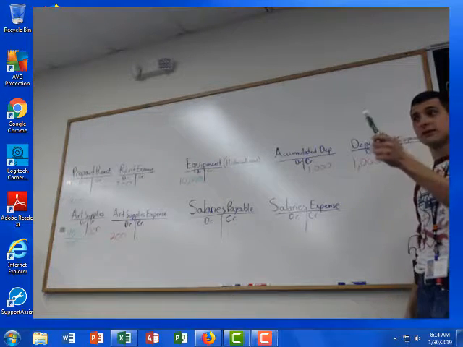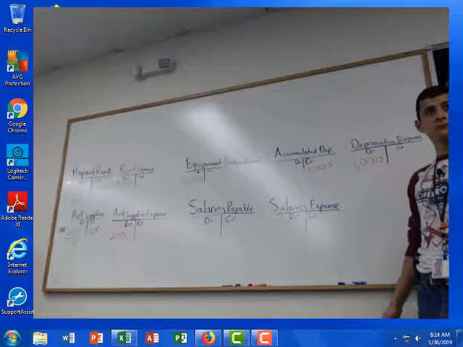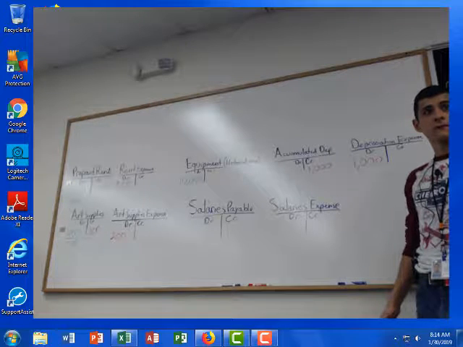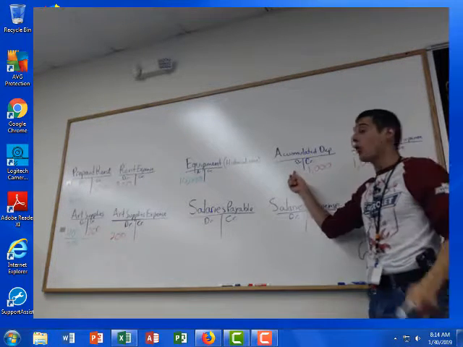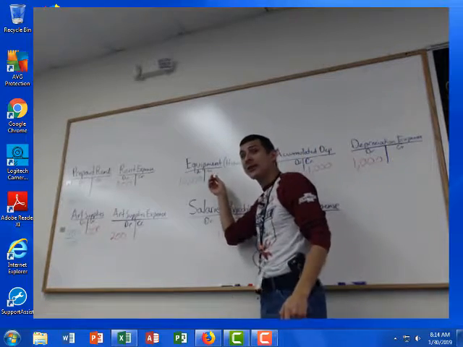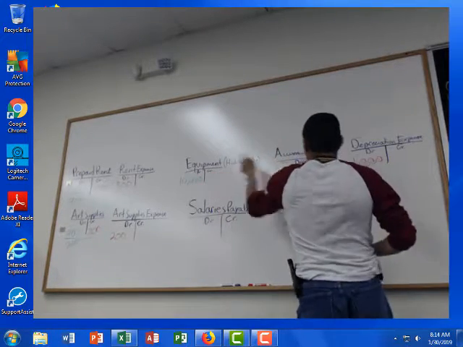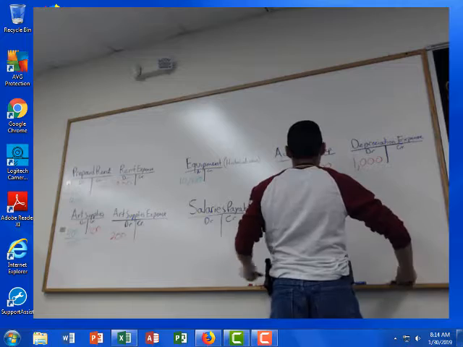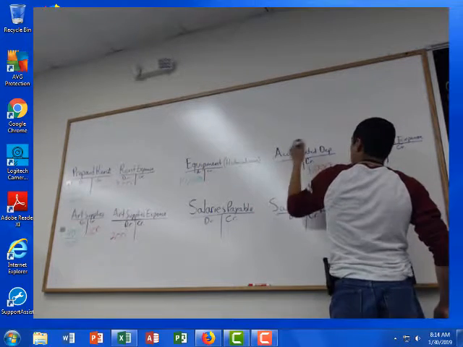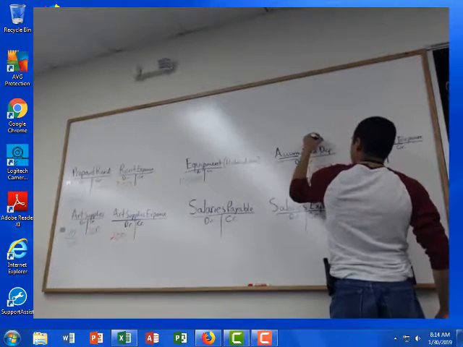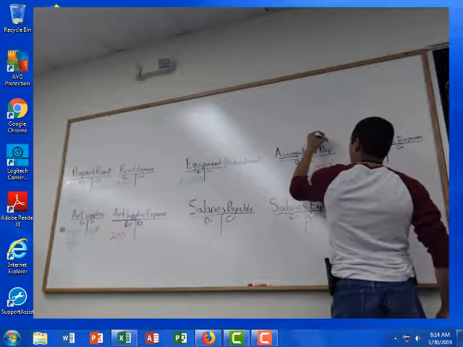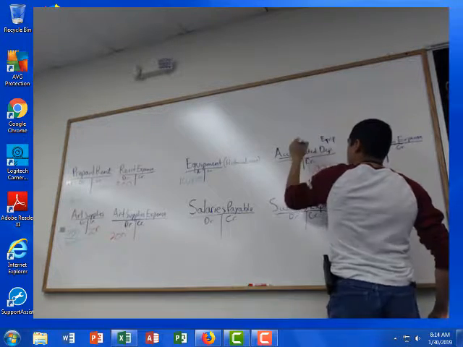Tell me no. The accumulated depreciation is going to be on the asset side? Yes. Accumulated depreciation will always connect with whatever account it is. So for this one, this accumulated depreciation will be specific to equipment. It'll say accumulated depreciation, and then a comma, and it'll have a specific name.